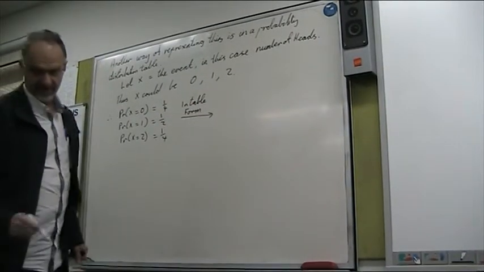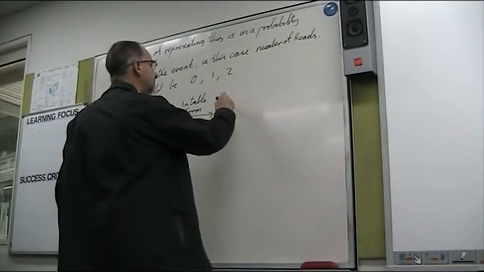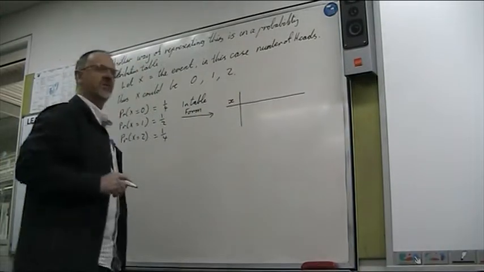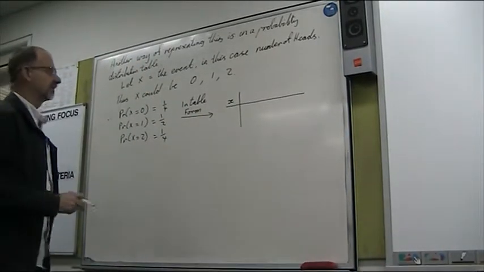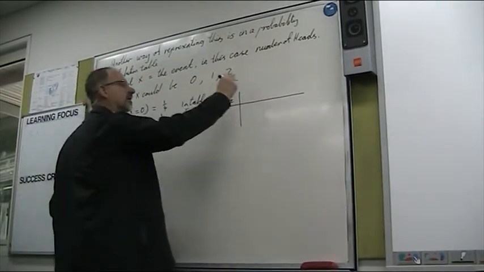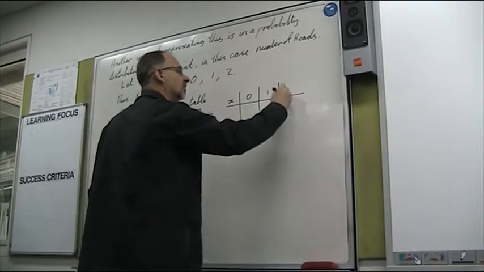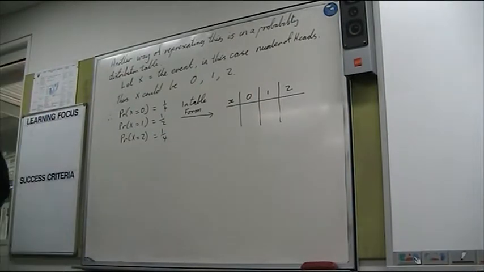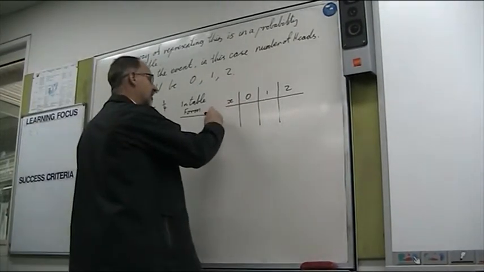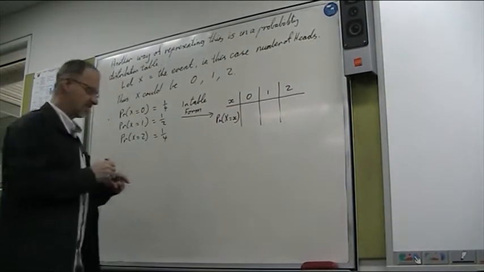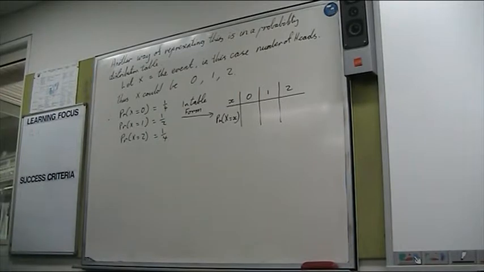What we would have is a table with our x across the top, and because there's 3 options, no heads, 1 head or 2 heads, and then underneath here the probability of getting those things.